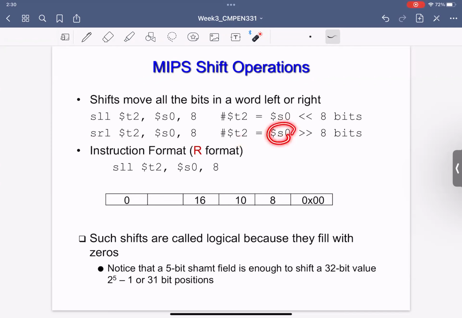Again, what is S0? What is T2? It's just the address of certain particular registers. So let's say this will tell you, please go to register number 16, and then shift it by 8 bits, either left or right, and then put the results in that particular register, which is supposed to be, as an example, a certain particular number.